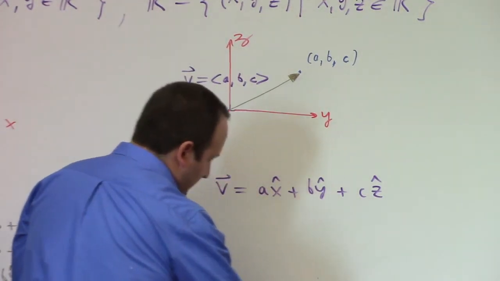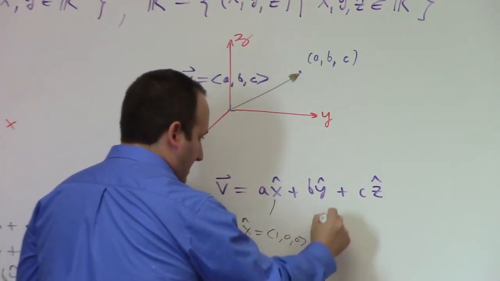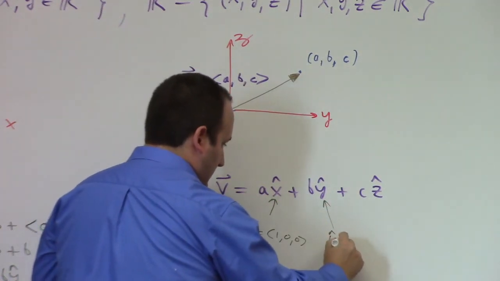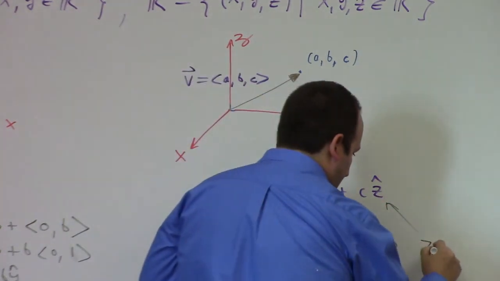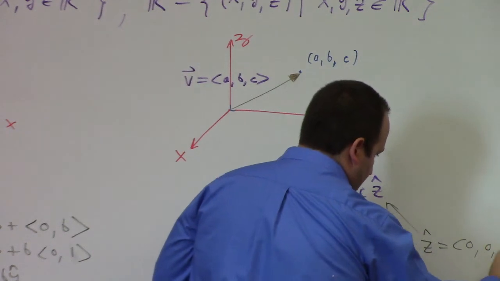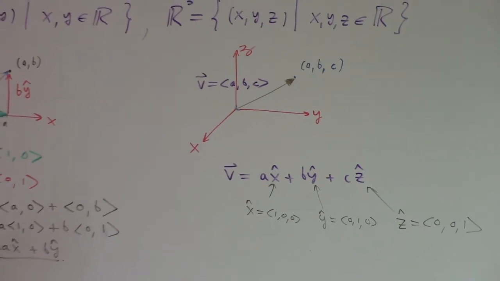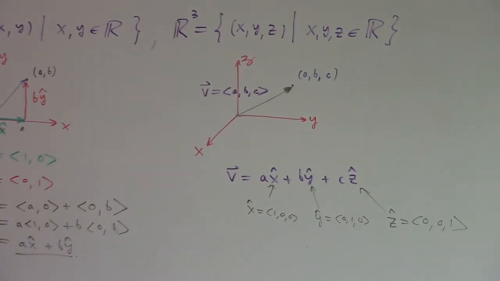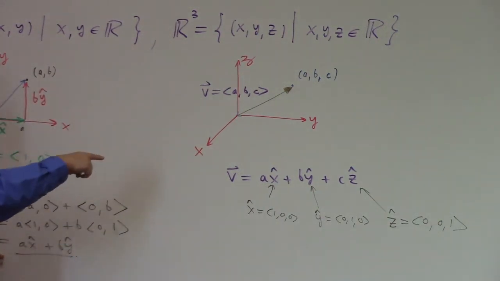In this context, the x-hat is 1, 0, 0, the y-hat is 0, 1, 0, and the z-hat is 0, 0, 1. Those are displacements of one unit of measure in the x, y, or z direction, respectively. A very similar calculation shows that the equality is true, with respect to the vector addition I have not defined for you carefully yet. But you notice there's an extra 0 in the 3-dimensional context.